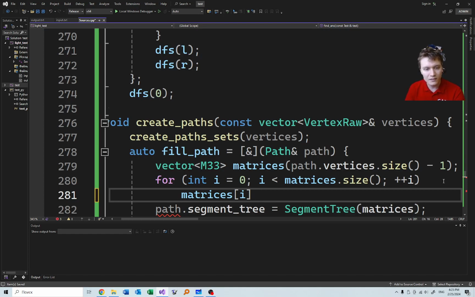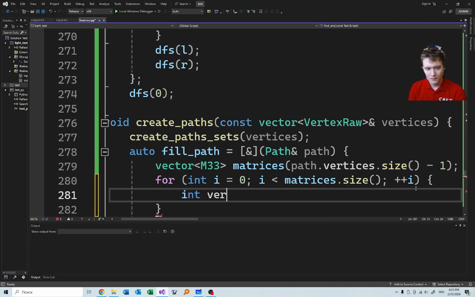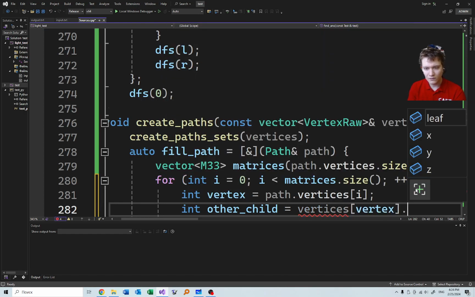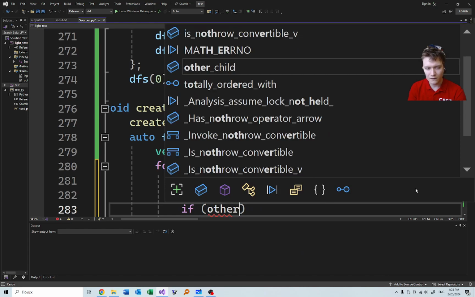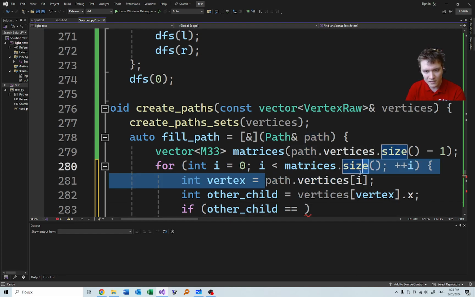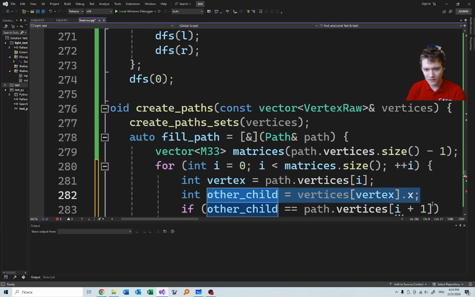So let's look first of all at our vertex. Our vertex is path dot vertices I. So int other child, let's call for example equals vertices vertex dot x, but if other child for some reason equals vertex equals path dot vertices I plus 1, then we need to take the other child.